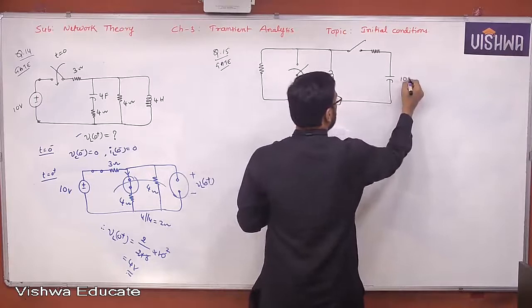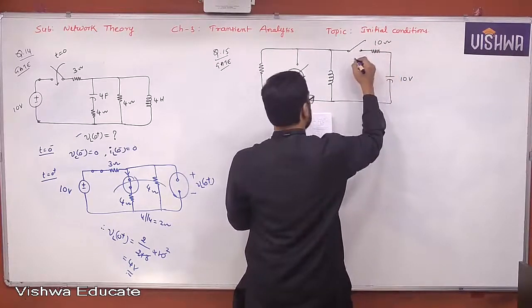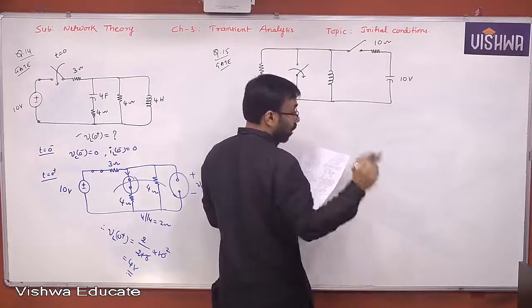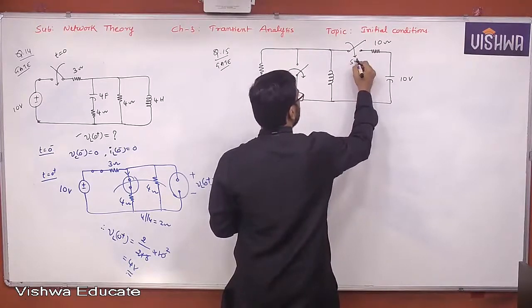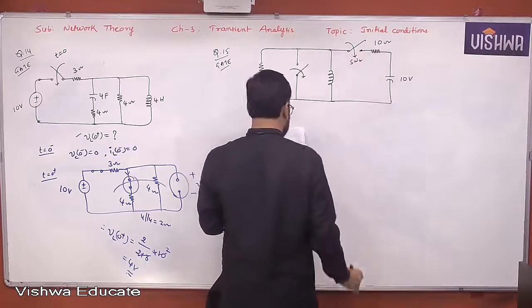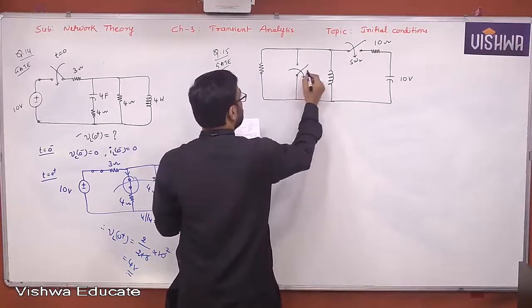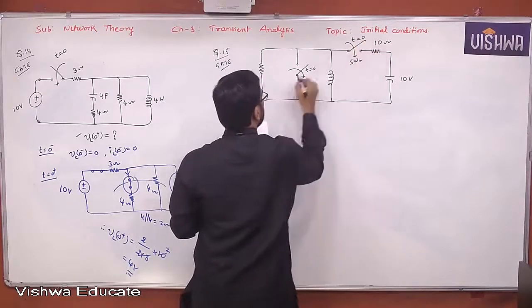This is 10 volts, 10 ohm. Now what is happening? SW2 is closed at t equal to 0. According to the data given, I'm just placing the switch direction like this. SW1 is opened at t equal to 0. Yes or no? So that's why I'm just placing the switch position here. So it is a simultaneous operation.